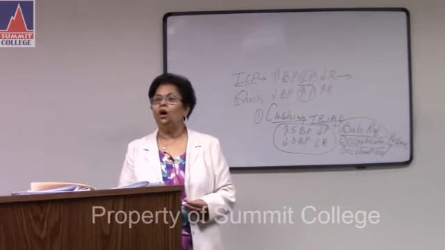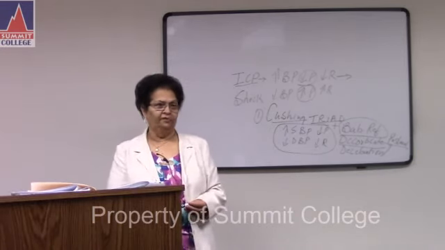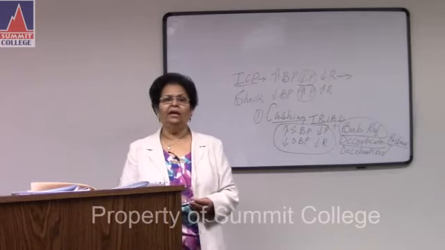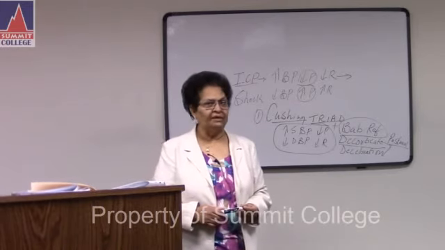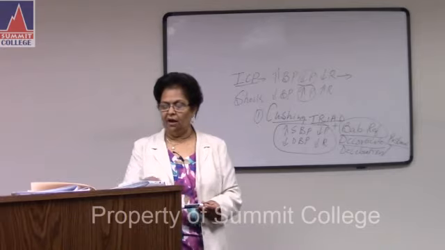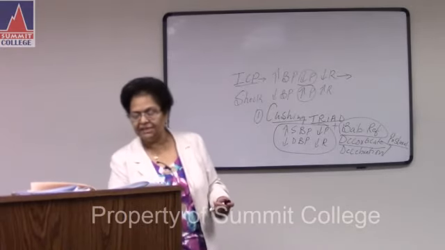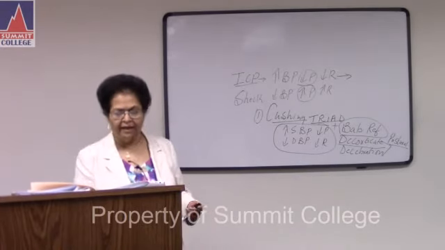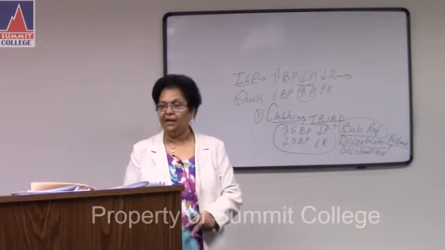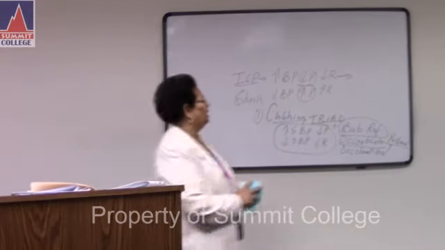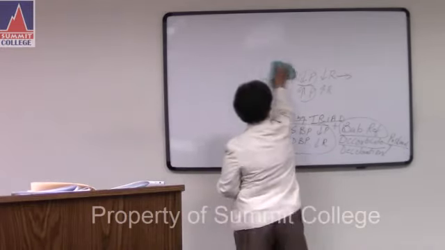Now number 3, I will move on. The word is cor pulmonale. Very important word. What is cor pulmonale? The heart is affected. In which patient is the heart affected? It says in the side, it is right side heart failure caused by underlying left ventricular failure.